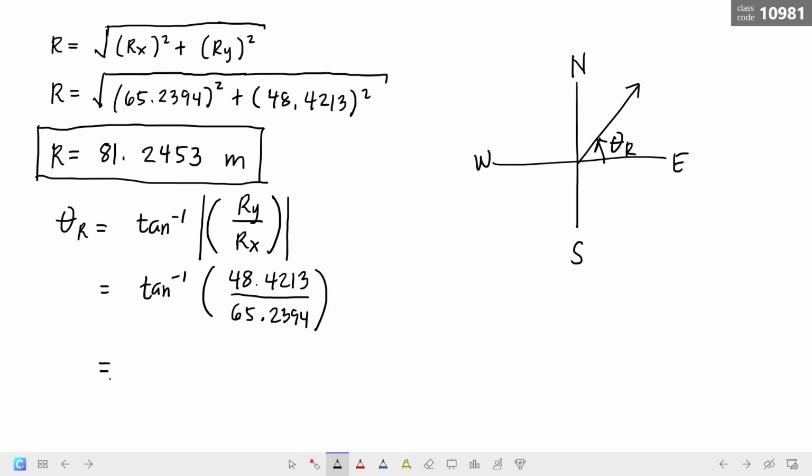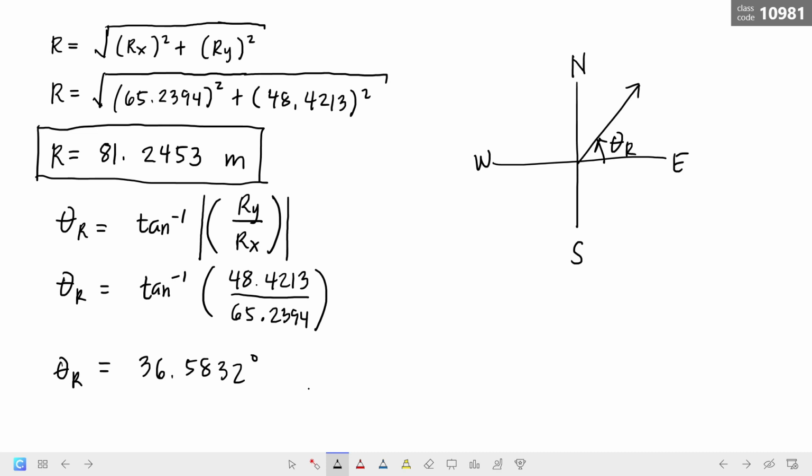So inverse tangent of 48.4213 over 65.2394 equals 36.583 degrees. This is our theta r.